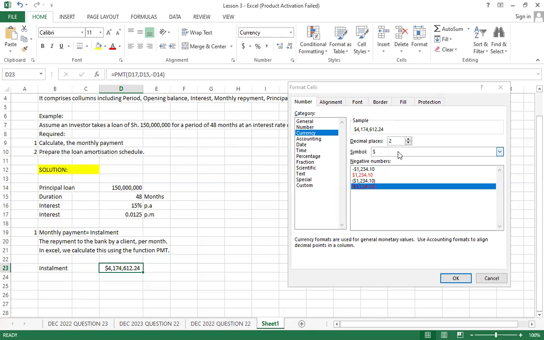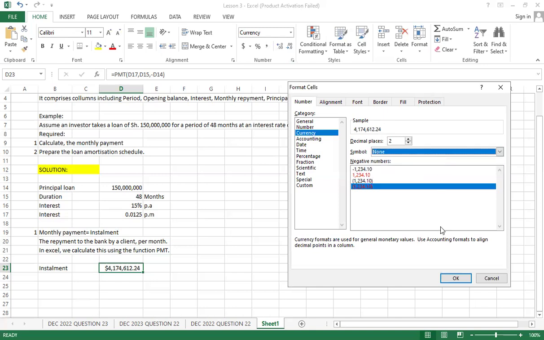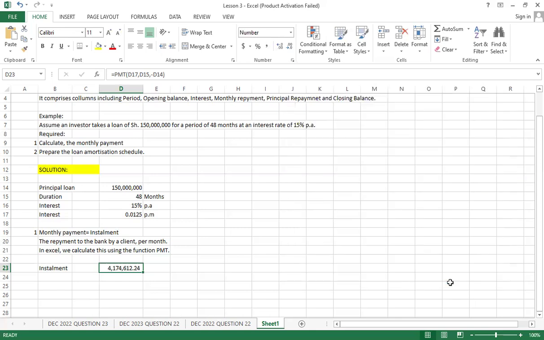You know how to do this. Click on the arrow that points down for the symbol, and then pick the first option labeled none. I'll click on none, and then down here I'll click OK. That will mean that the dollar has also disappeared.